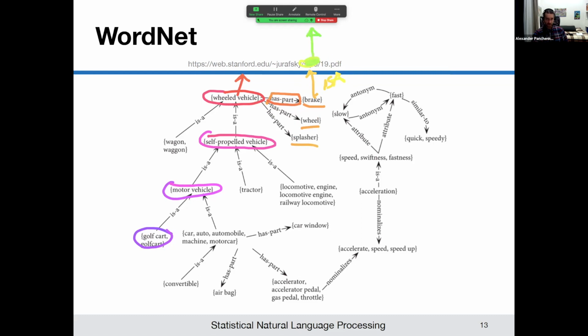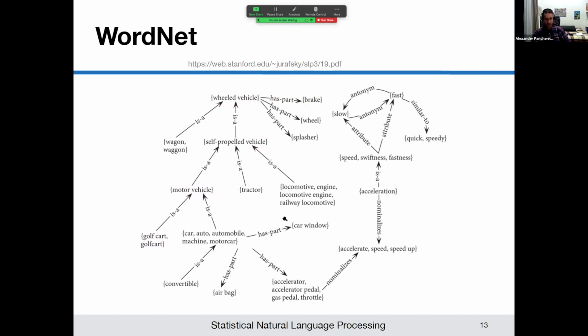And a braking device is also some kind of a device, and so on and so forth. So this is how people get used to structure knowledge about language, to decompose their knowledge about language and describe it, and this is through some symbolic graph representations.